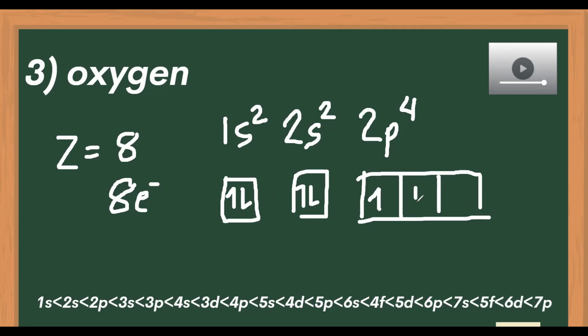One, two, three, 4. Okay? So this is the electronic configuration for oxygen and the orbital diagram for oxygen.